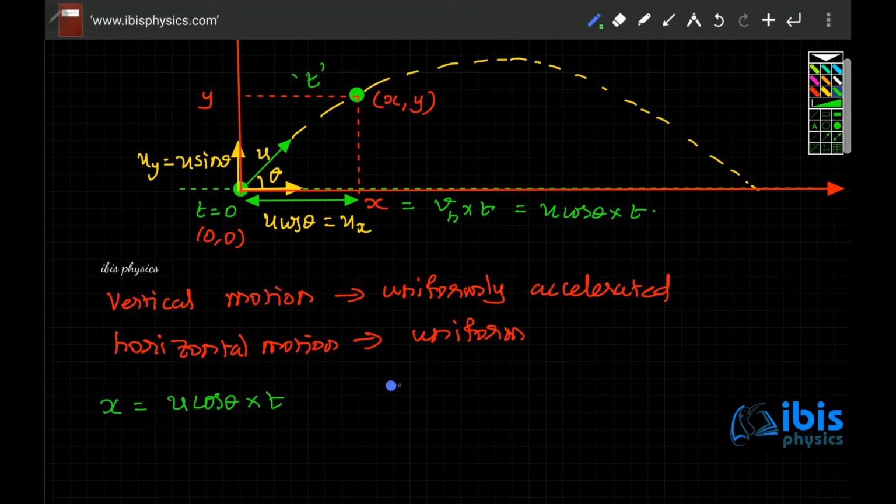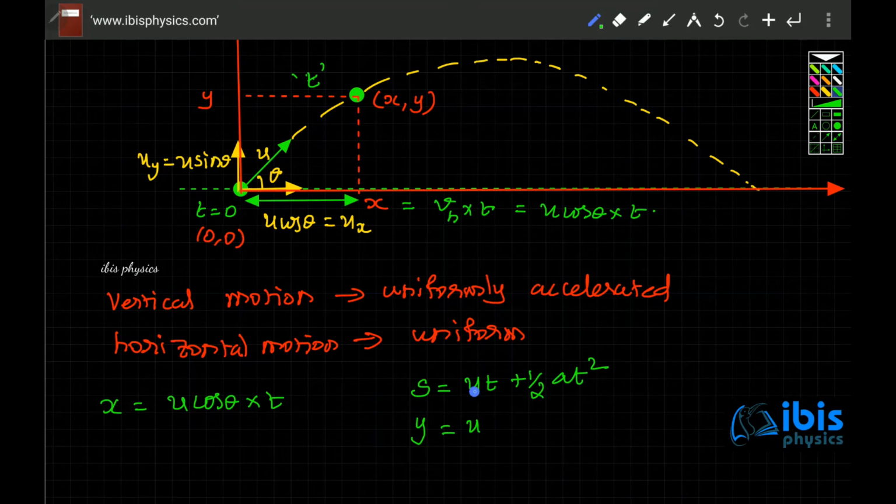If the object is affected by gravity, then the motion is uniformly accelerated. Then displacement in case of uniformly accelerated motion is ut plus half a t square, where a is the acceleration. The displacement in the upward direction, we call it y direction, s is equal to y. The initial velocity is in the y direction.